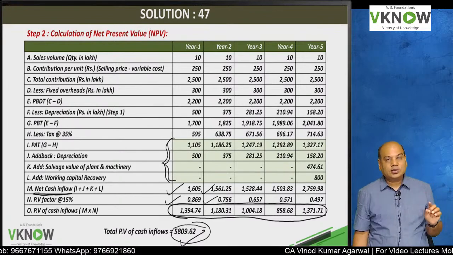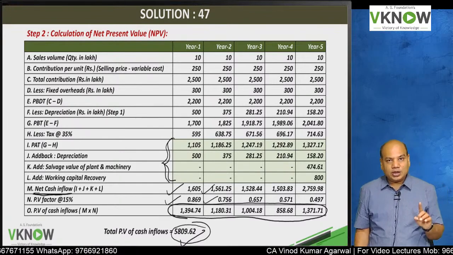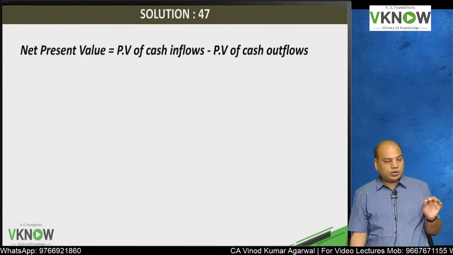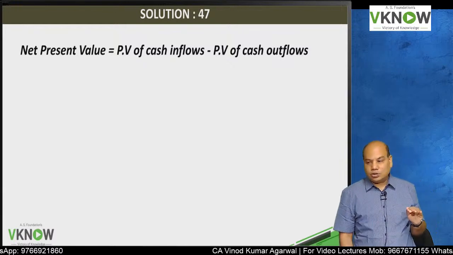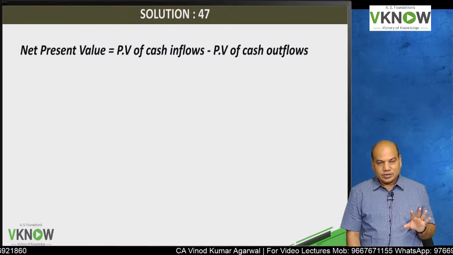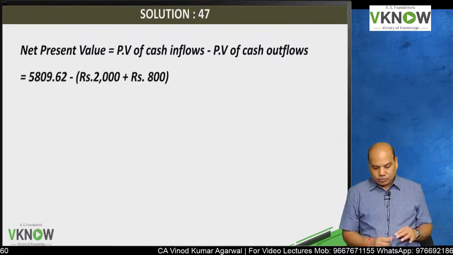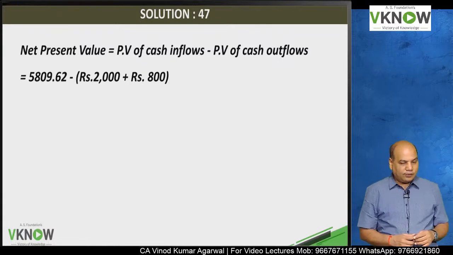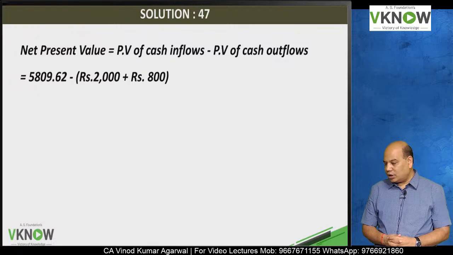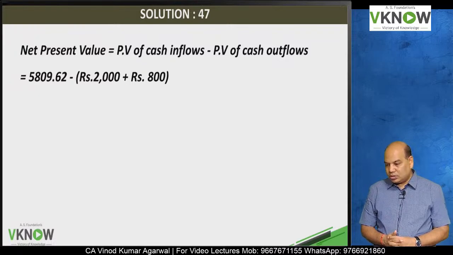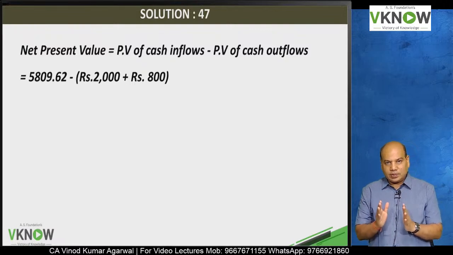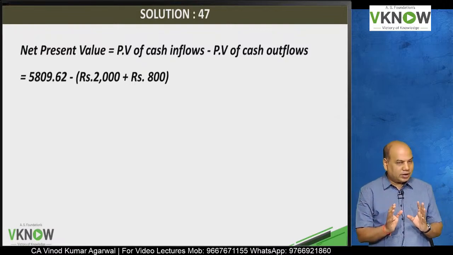I have to deduct initial investment in plant and machinery and working capital. So write down below NPV equal to PV of cash inflow minus PV of cash outflow. PV of cash inflow is 5809.62 and outflow is plant and machinery 2000, working capital 800, 2800.